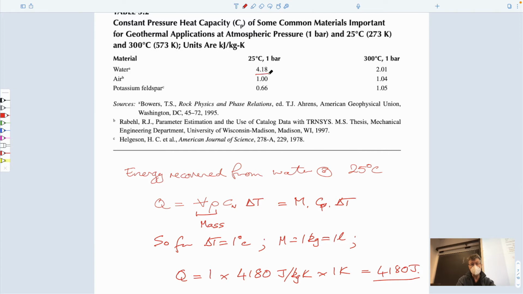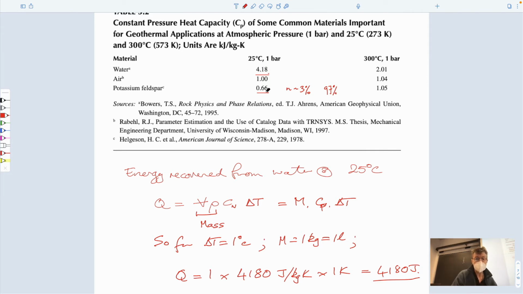If you use the specific heat capacity of water or the specific heat capacity of the rock, depending on where you're taking your heat from. We use the heat capacity of the rock because between 4 and 10 kilometers, or 6 and 10 kilometers, maybe the porosity of these rocks is something like a few percent, which means that 97% of the material is rock and only 3% is water.